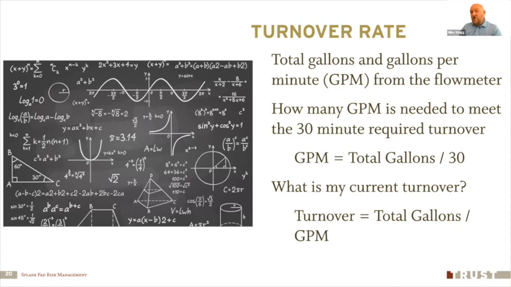So how do you figure what your current turnover rate is? To figure out your current turnover, you take your total gallons and divide it by whatever the gallons per minute is that your flow meter is telling you. Okay. And if that turnover is less than the 30 minutes, as you plug that back into the equation previous, if my gallons per minute is less than what I need it to be, then you need to do something.